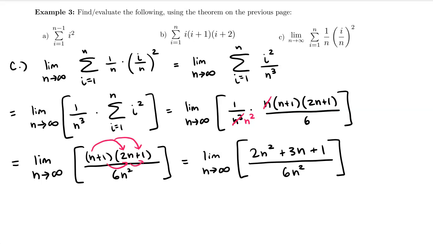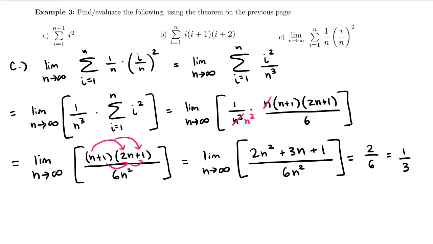So we can see that for this rational function, the degree of the numerator and the denominator are the same. And if you remember from Calc 1, if the degree of the numerator and the denominator are the same, then the limit as the input approaches infinity is equal to the ratio of the leading coefficients, which is 2 over 6, and that is equal to 1/3.